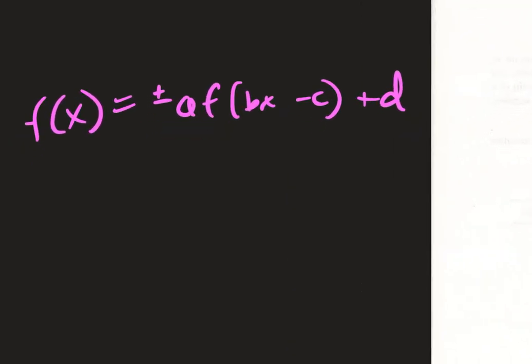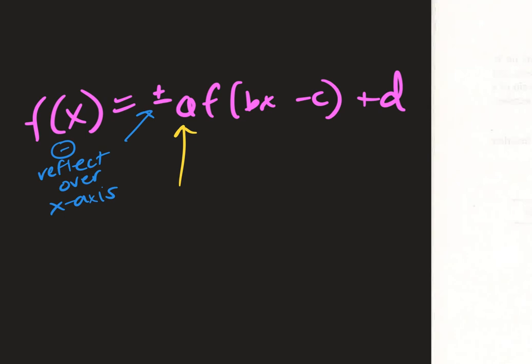So all those little parts, right? The positive or negative on the front does what? Reflects it, right? Over what? Over the x-axis. So if it's positive, it doesn't, but if it's negative, it reflects it over the x-axis. What does the a do?